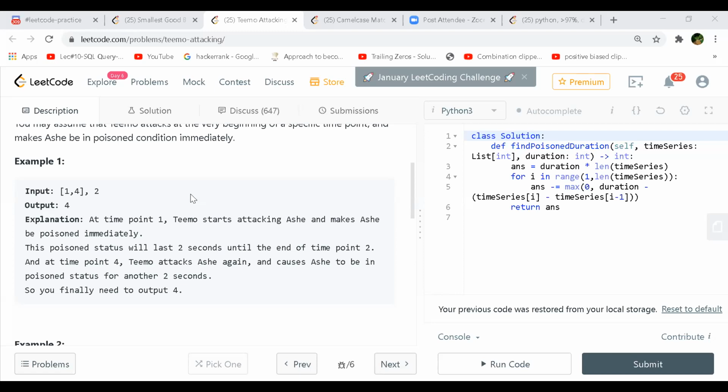No other logic is involved here. And there won't be any better way than brute force, right? O of n will be the brute force here.